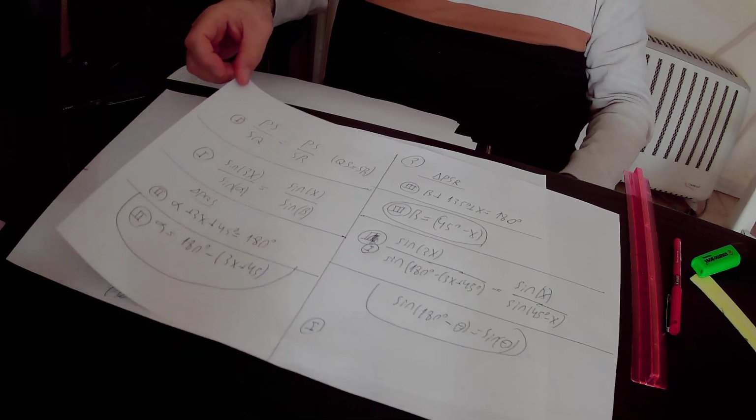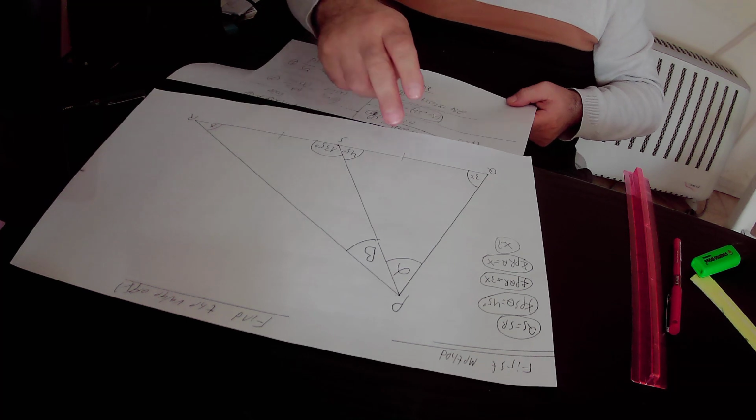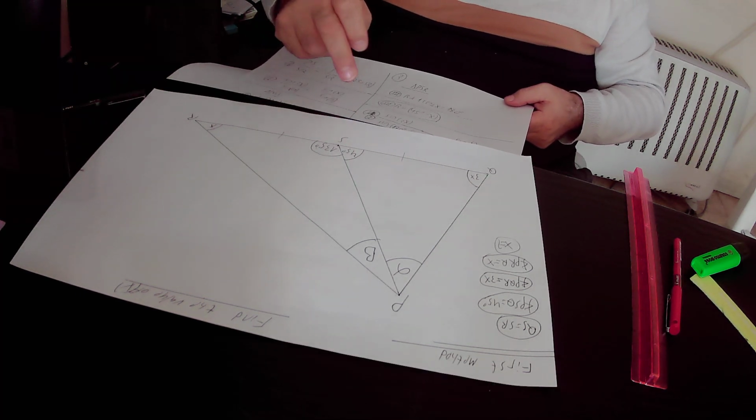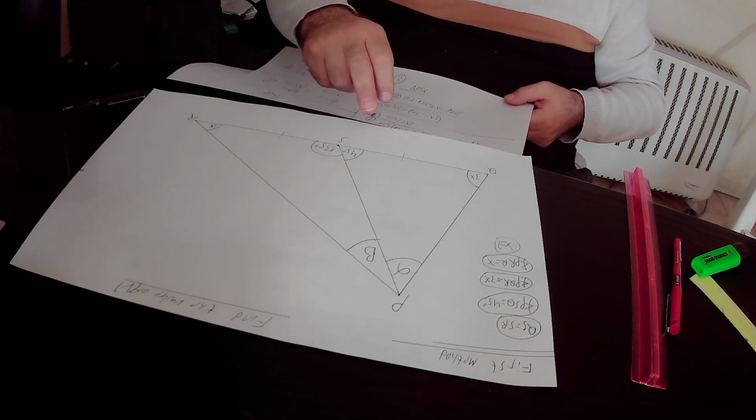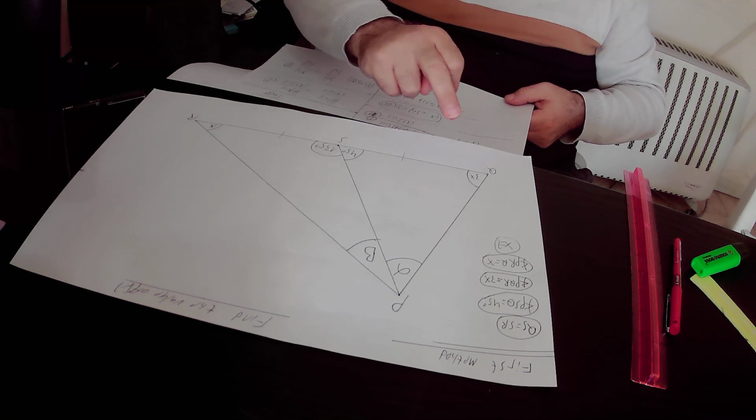That is to say PS over SQ must be equal to sine 3x over sine alpha.